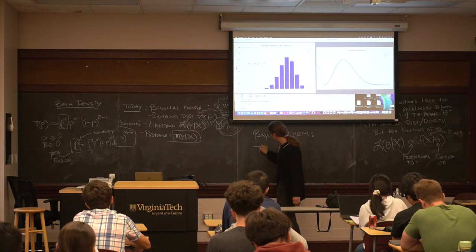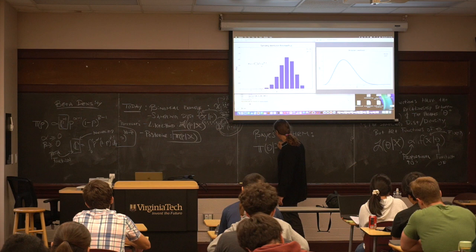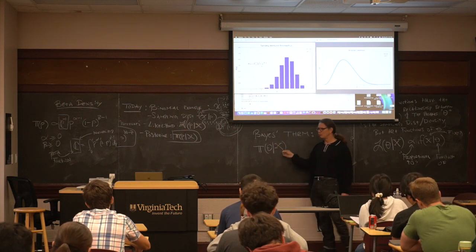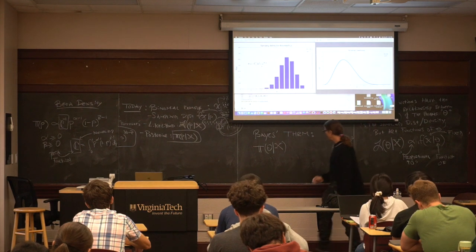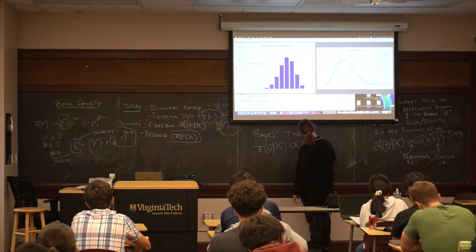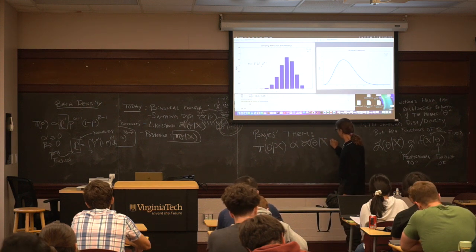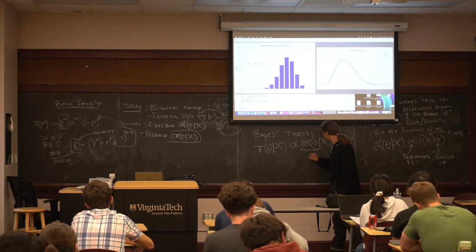Bayes' theorem. I'm going to say our posterior distribution on theta, given our data. So I'll just be using these as general parameters to generally notate something. But this is going to be proportional to the likelihood function for theta times pi theta. This is the likelihood.